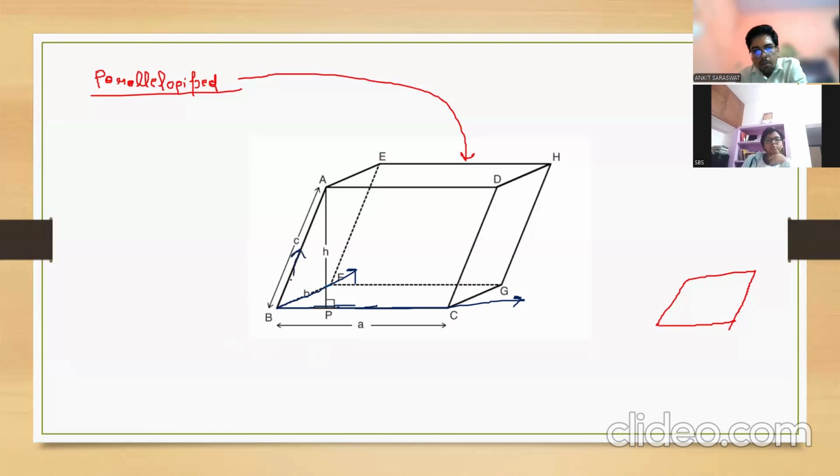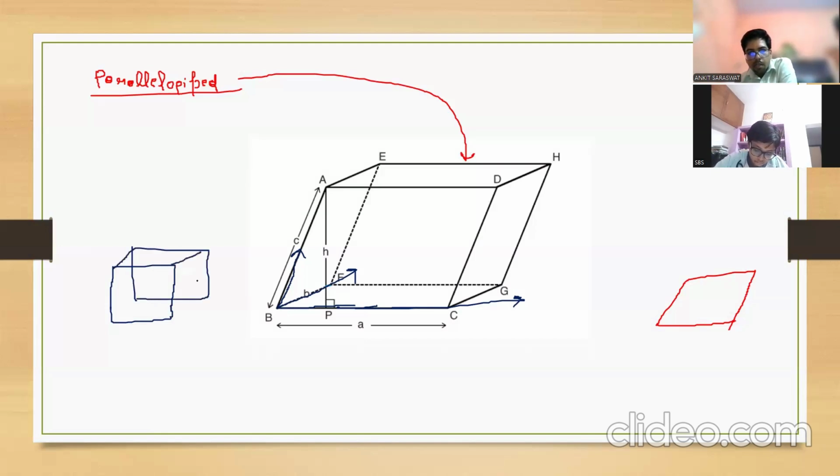I will draw again separately, but you understand there are mainly 3 vectors. Little bit slant, I have drawn it like this. It is not like that, it is a little bit slant.